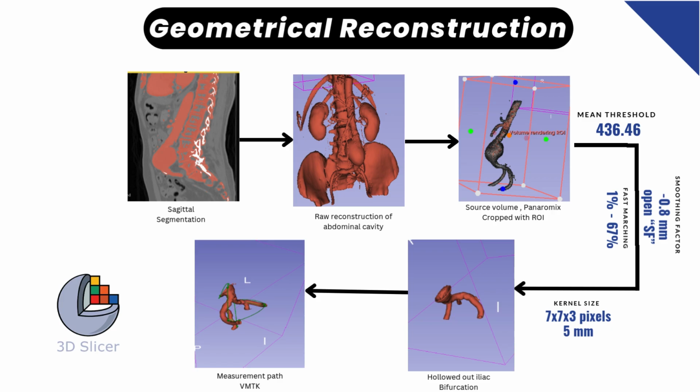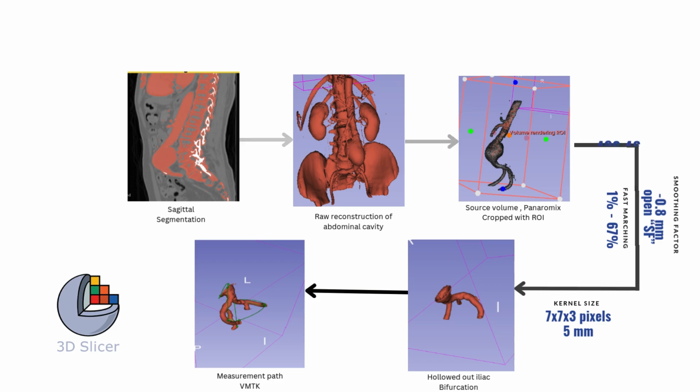And then using volume rendering ROI, I was able to segment the abdominal aorta of the patient, in which I performed VMTK processing or vascular modeling toolkit, using which I was able to get the geometrical values like dimensions of the abdominal aorta, which will be later used as the variables for the regression model.